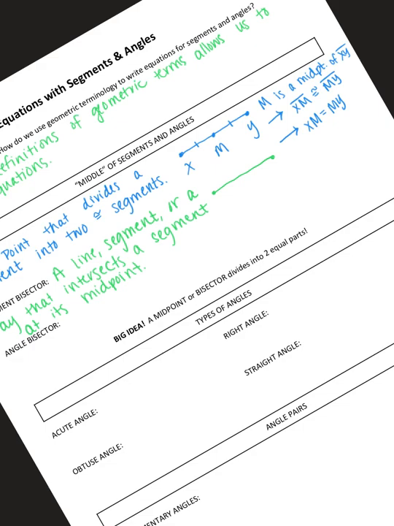So if we have a segment AB, and we have a line XY, XY is the bisector if it divides AB equally, so that AY is congruent to YB.